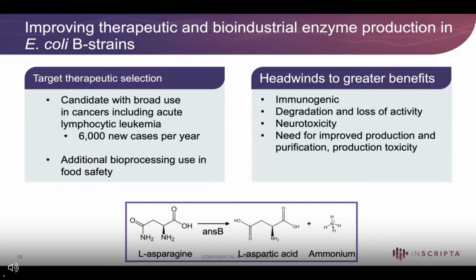There's a headwind to greater benefit, though, in this particular therapeutic, and that's that it's immunogenic, and so that limits its usage. It's also rapidly degraded, loses its activity over time, and has a secondary neurotoxicity associated with its secondary enzymatic activity.